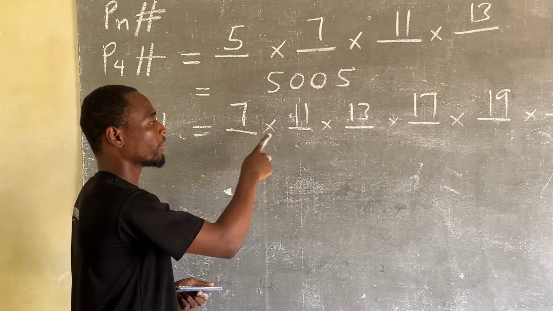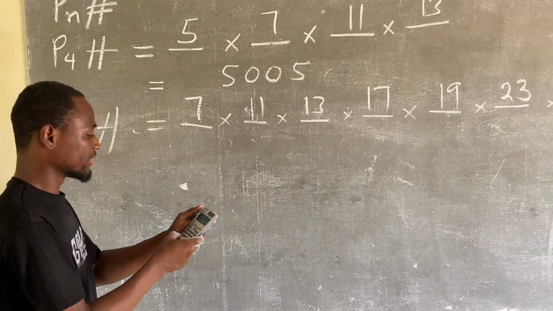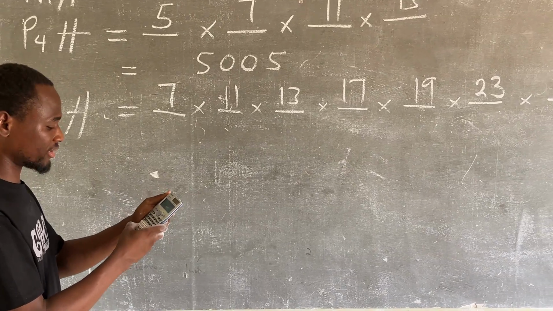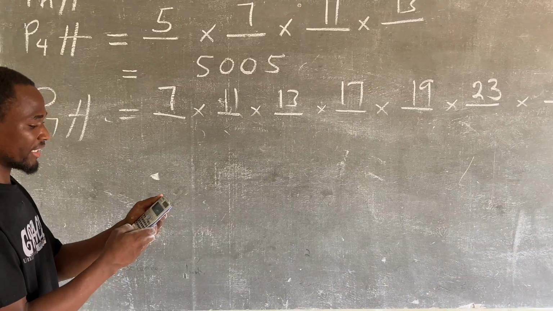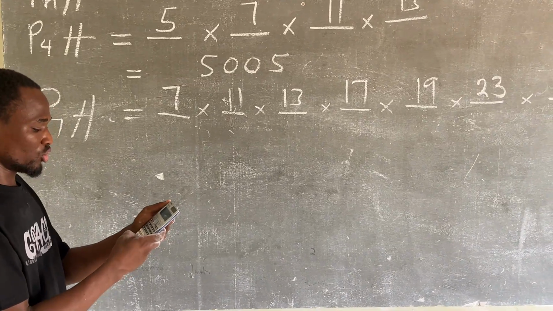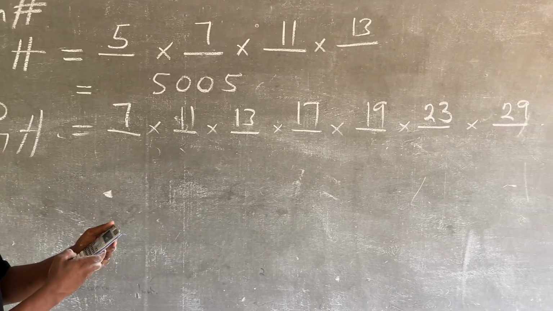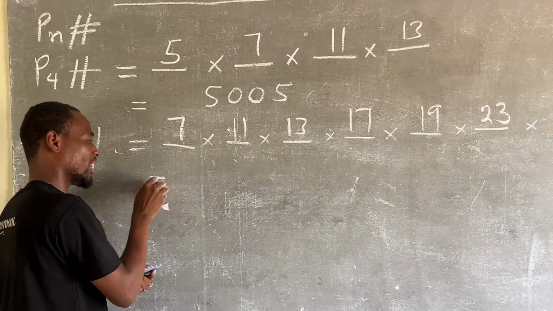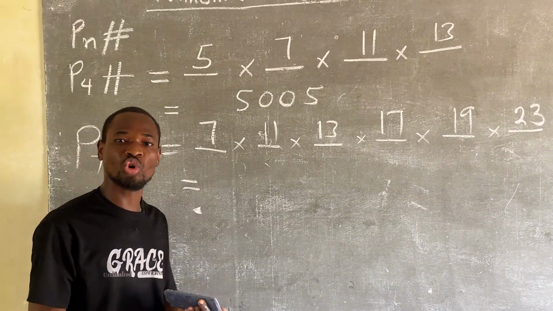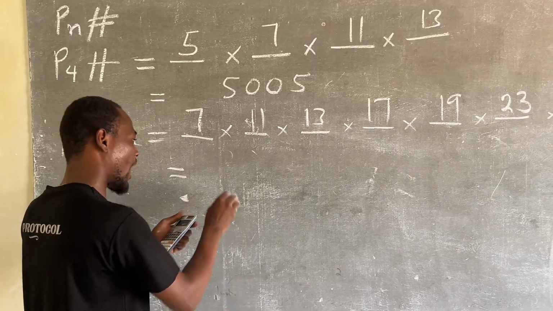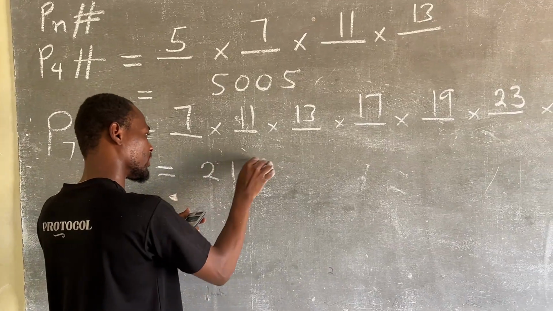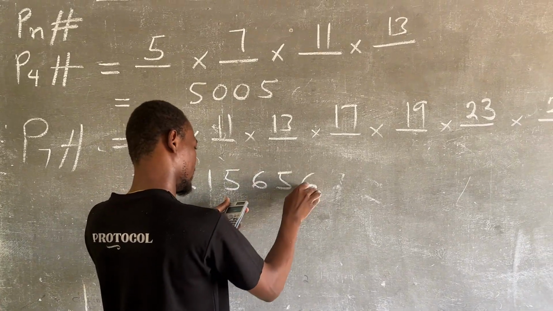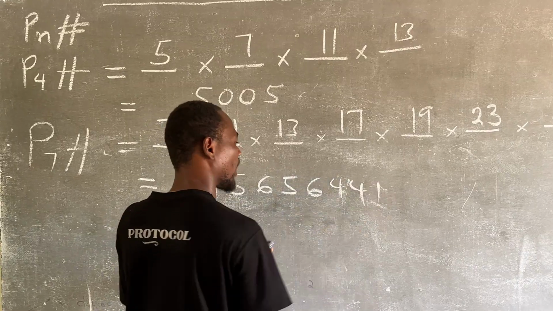So we have 7 times 11 times 13 times 17 times 19 times 23 times 29, and we are getting a number that is astronomically large. So I have 215656441.